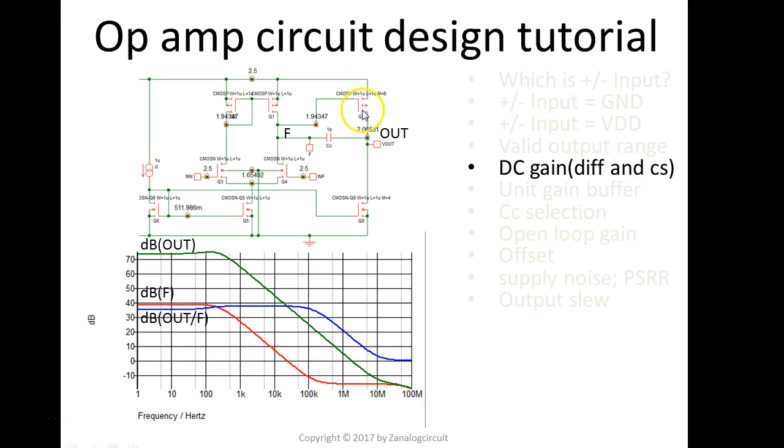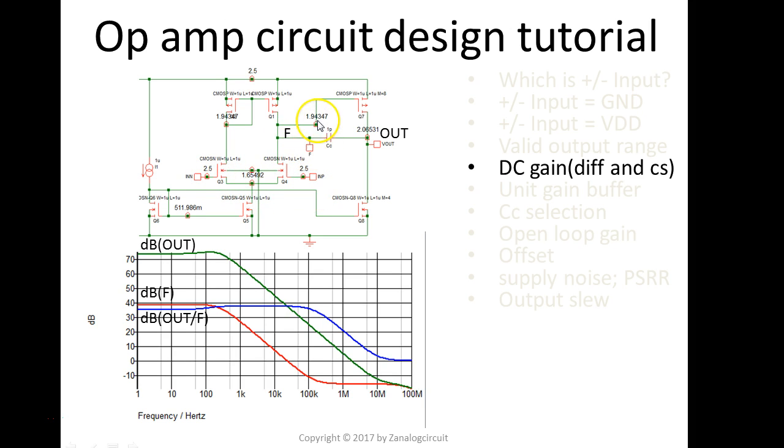So what we're doing here is we bias up both inputs and put an AC source across both inputs, and we do AC simulations. By the way, the input AC signal is 1.